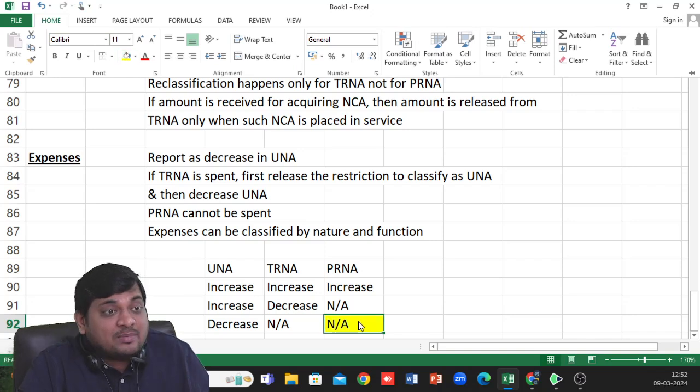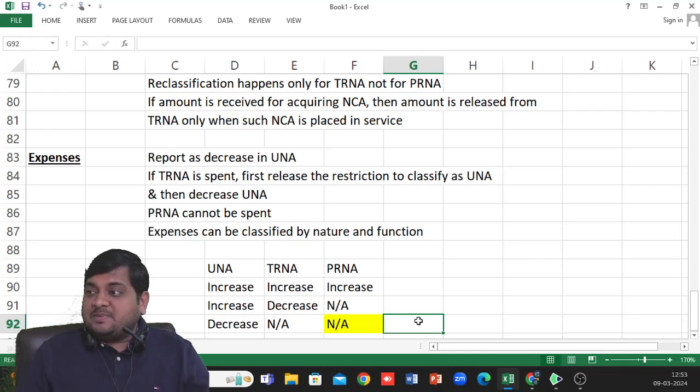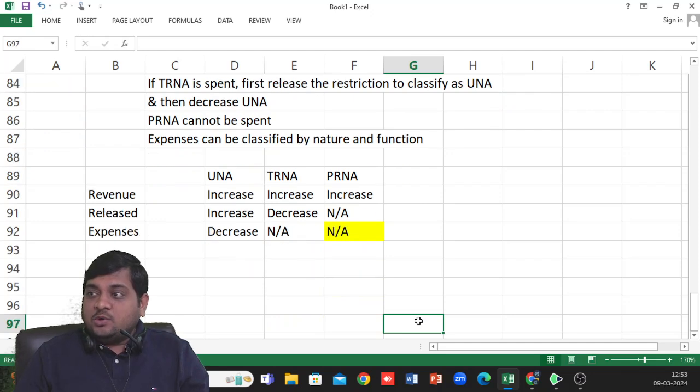PRNA can never be spent. And expenses can only be shown in UNA.